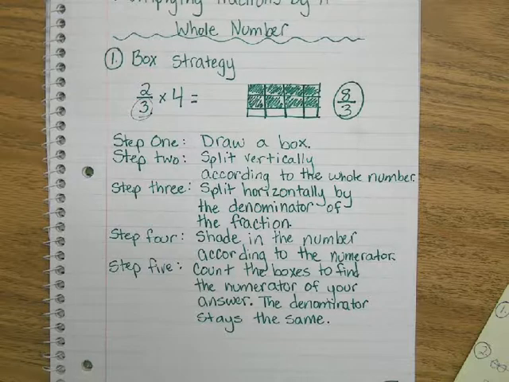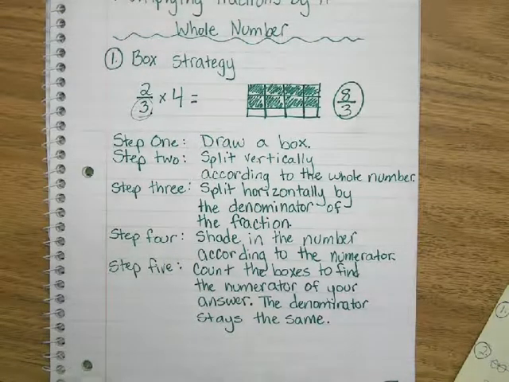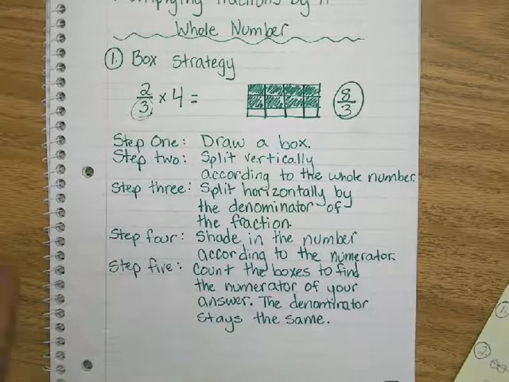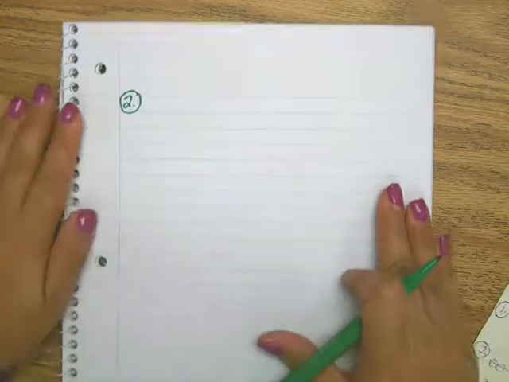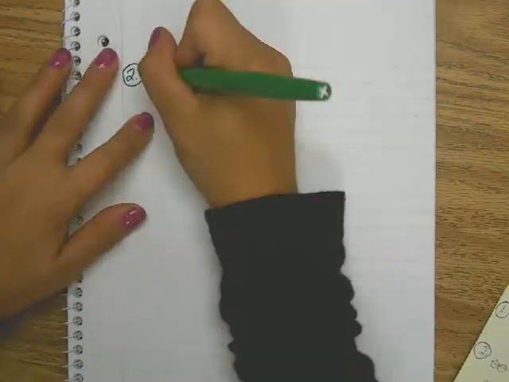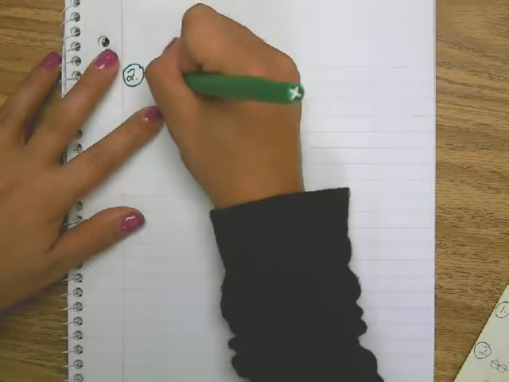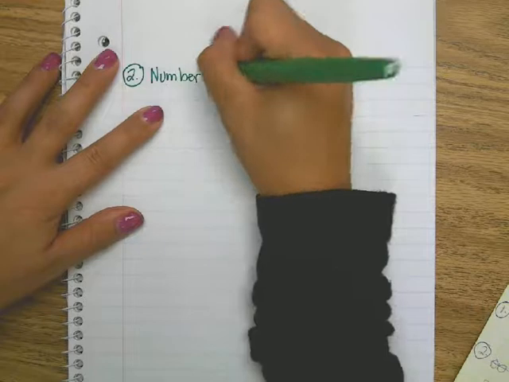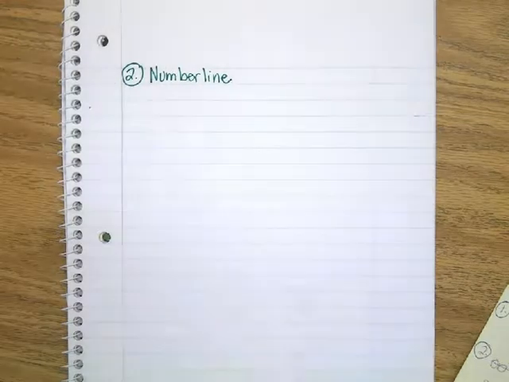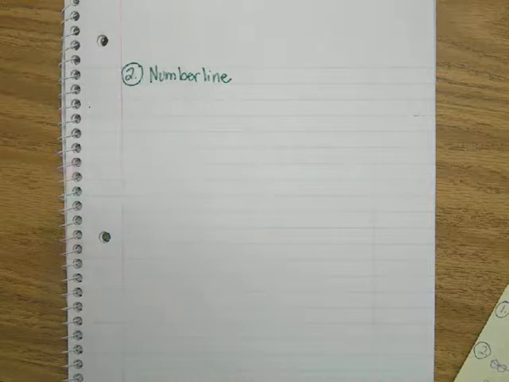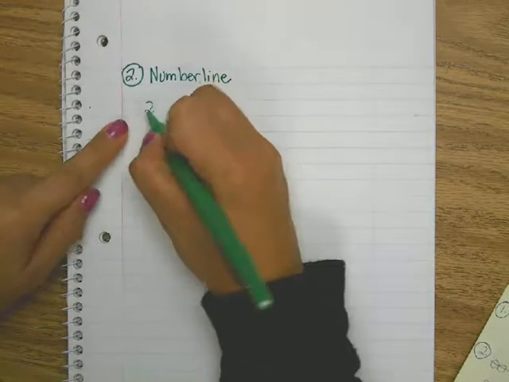Okay, we're going to learn a second strategy, which is the one you're practicing today. So I'm going on the back, and I'm going to put a number 2. This strategy is called the number line strategy. So you're using a number line. So we're going to take that same problem, 2/3 of 4.